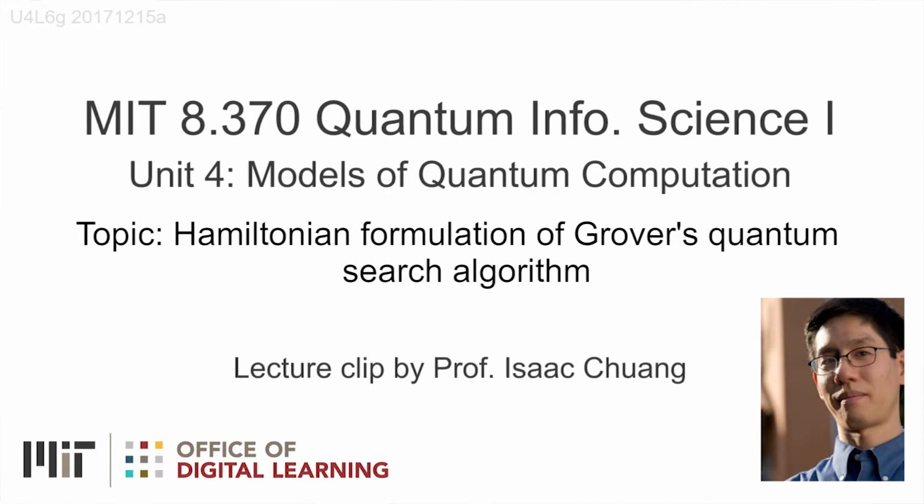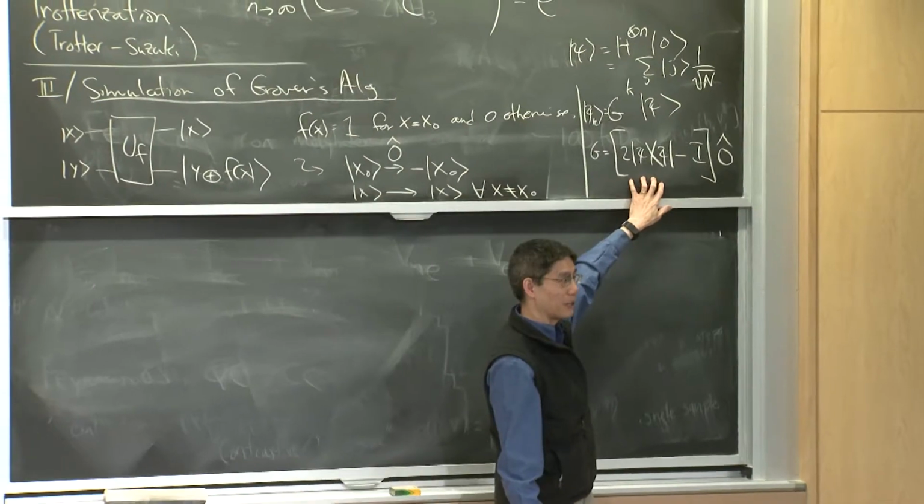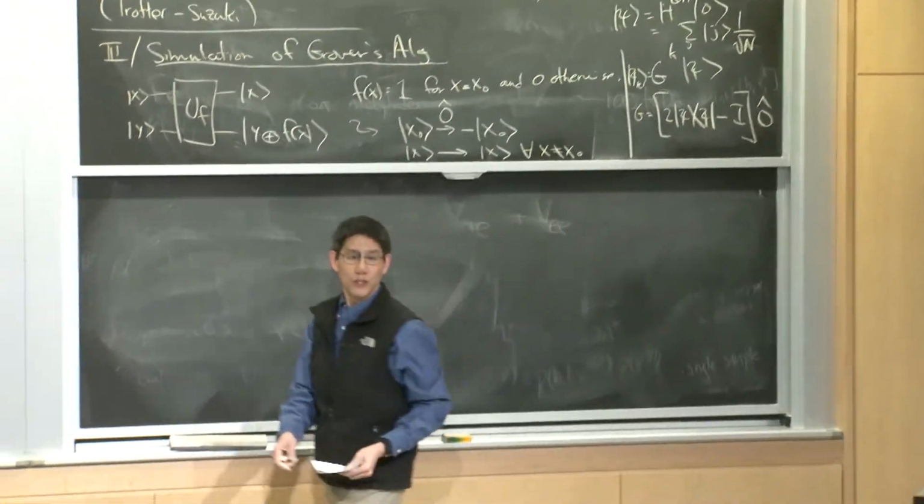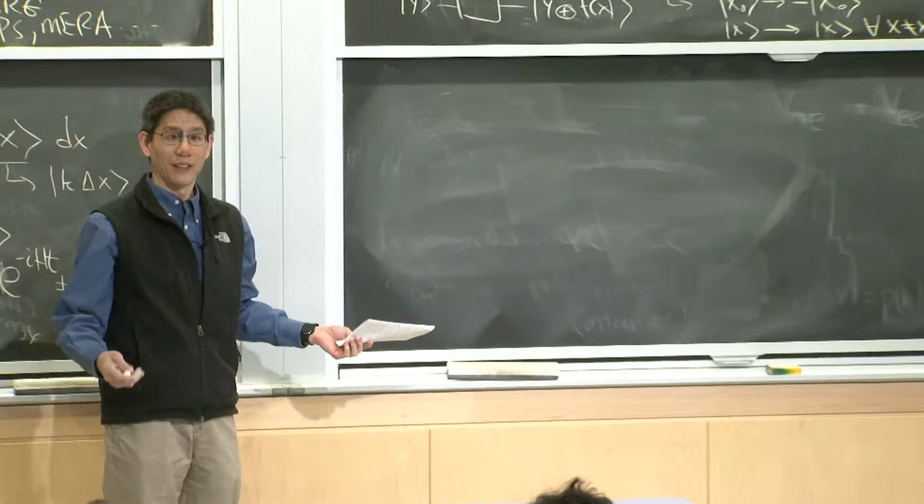You are familiar with quantum algorithms that look like this, where we have a quantum circuit, essentially, that you're describing. Could you describe a quantum algorithm in a different language?